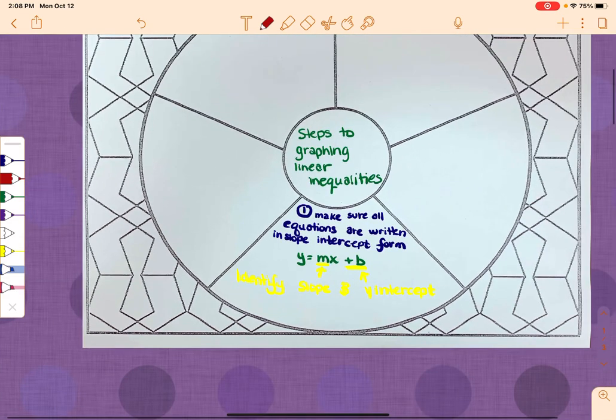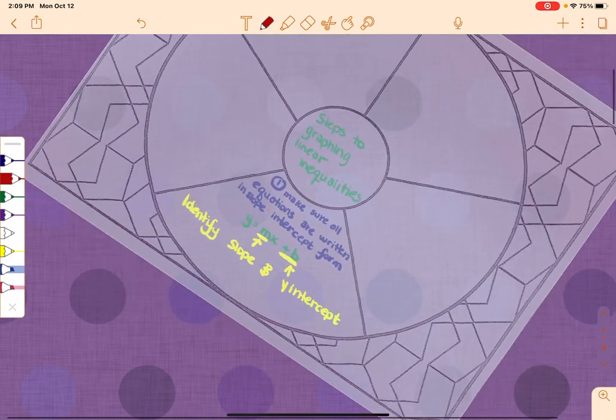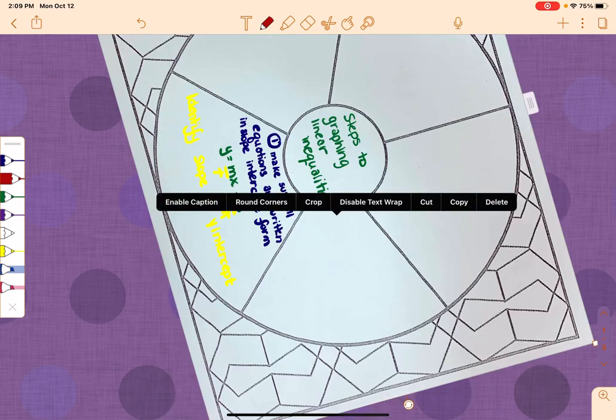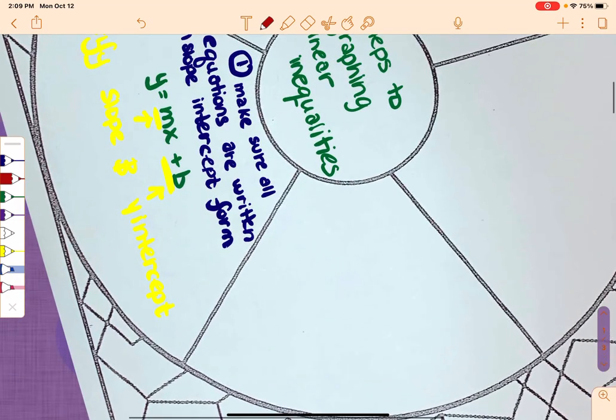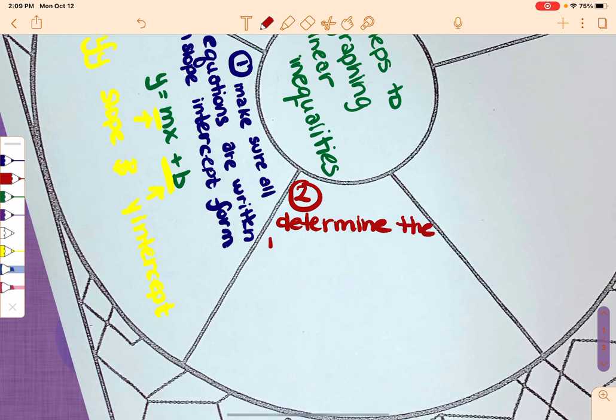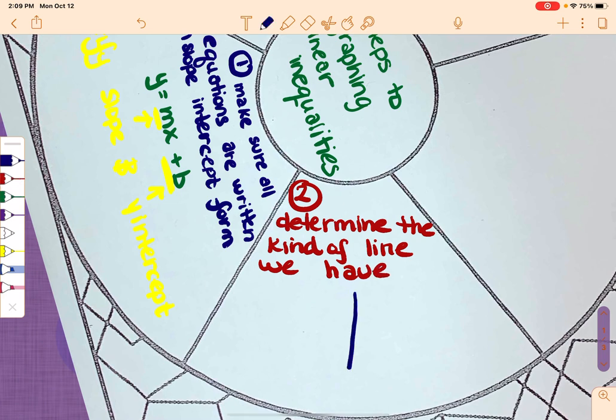Okay, now I'm going to move on to keep talking about our steps, but I'm going to move to step 2 here. So step 2, we need to determine the kind of line that we have. So there's really two kinds of lines that we're going to see.